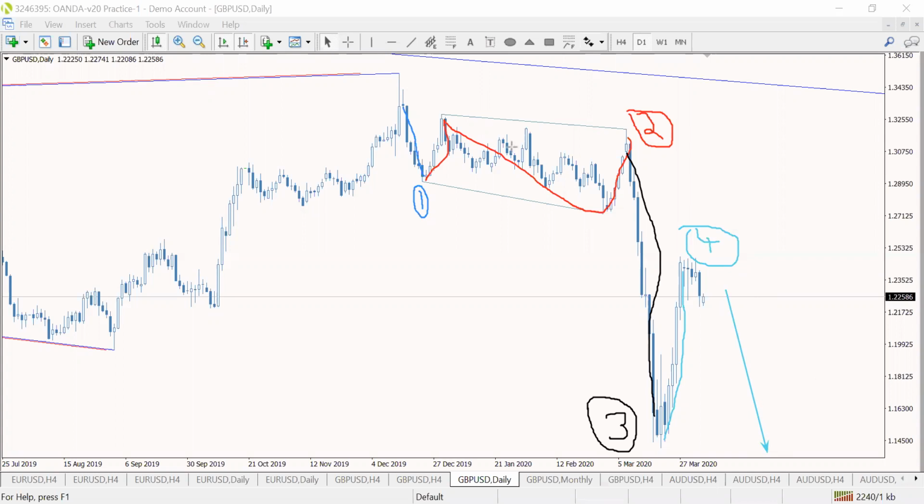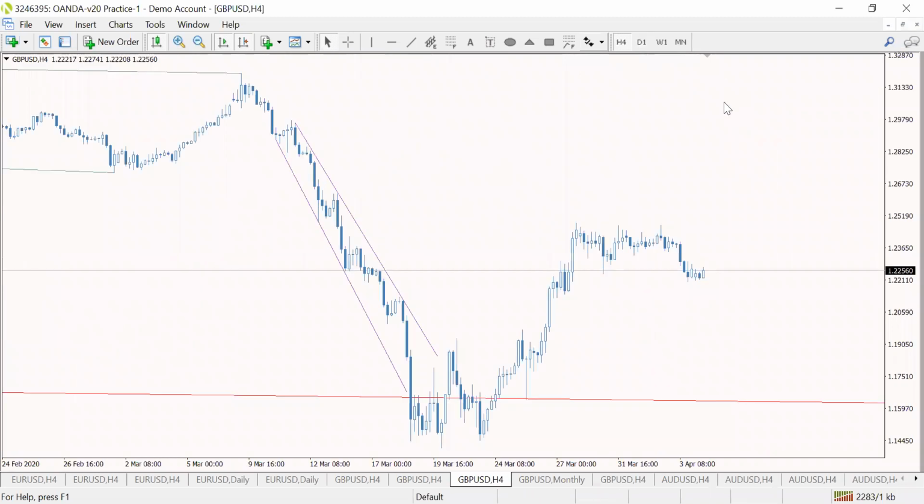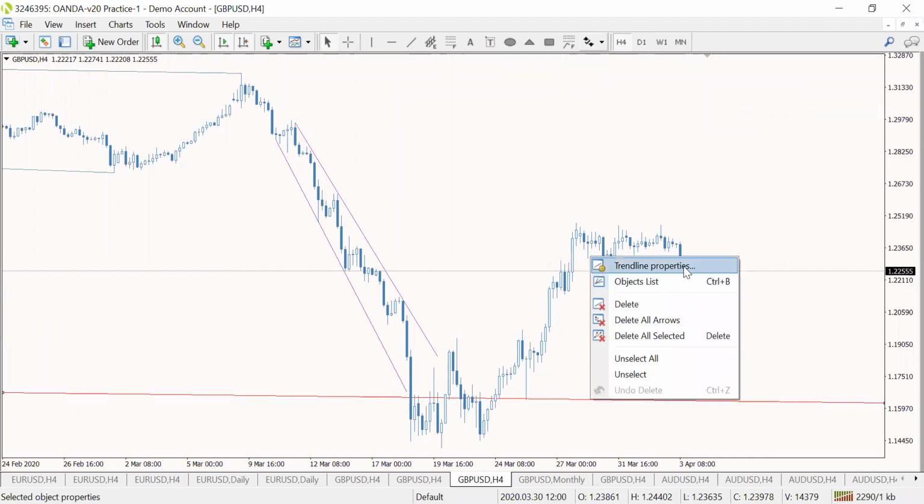But I've got a problem with it according to the rules that I use on wave analysis, because you don't just say you trade waves. You've got to have rules. We've got rules to follow. Some of the rules were broken, especially if you look on the 4-hour time frame.